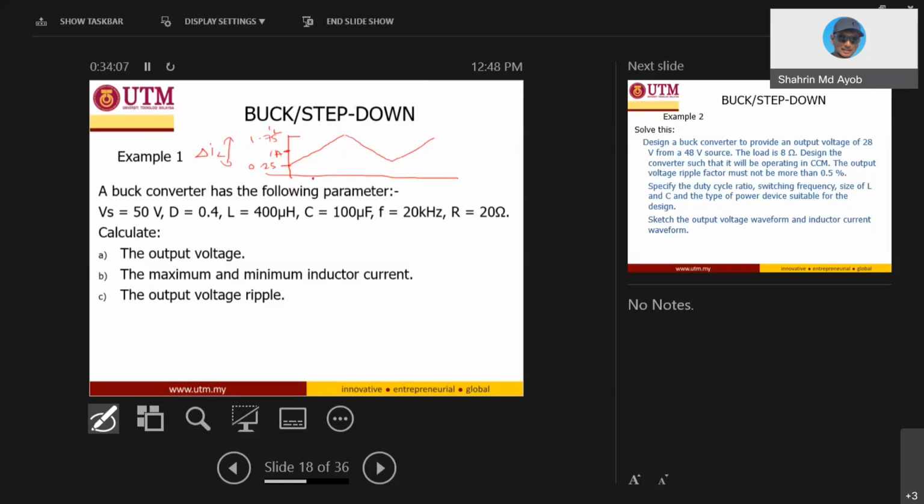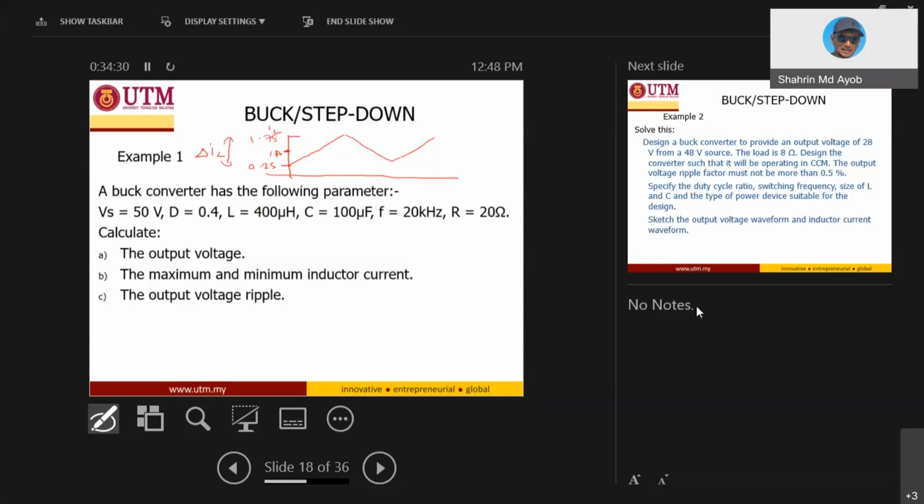So sometimes the question only gives you this waveform, and from this you obtain delta IL. So if you don't understand the relationship between I max and I min, you cannot solve that problem. So you need to know the relationship between the waveform and the circuits.